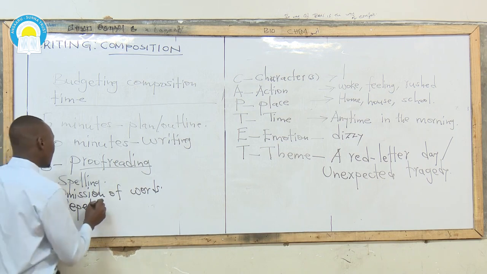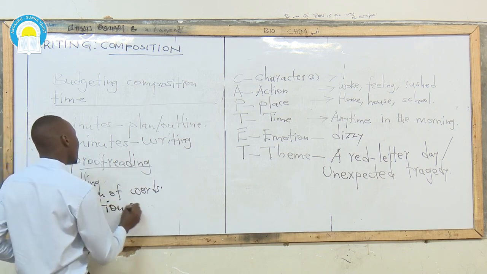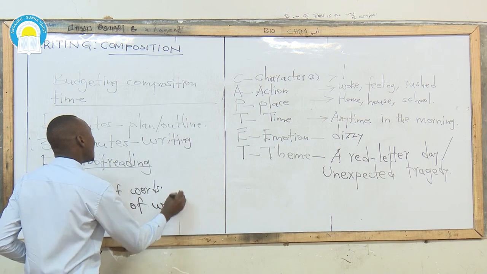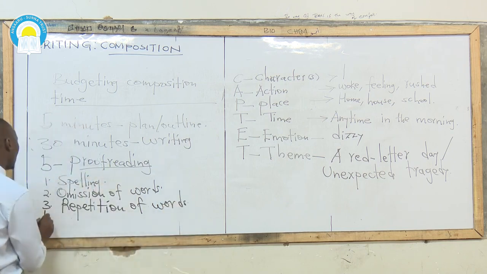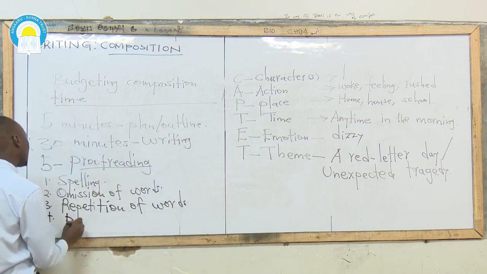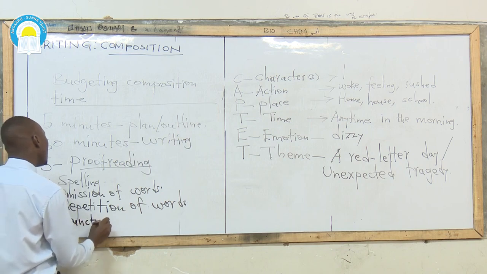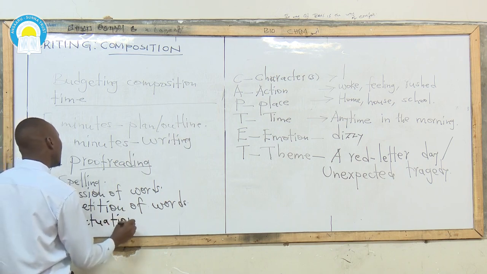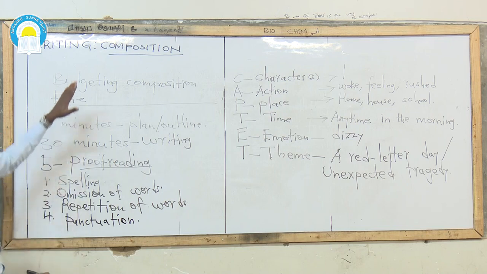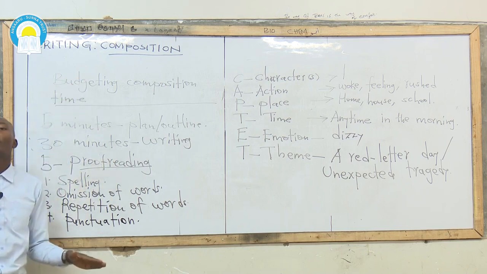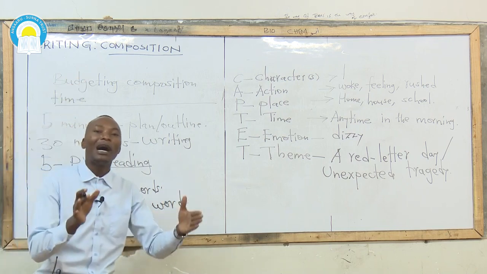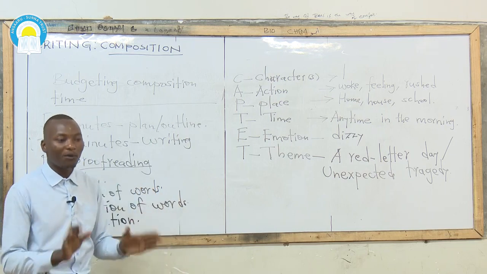Then finally, it is important to proofread so that you can also check on some punctuation. Maybe you thought you placed a comma or a full stop, but actually you didn't. So when you budget your time properly, you will find out that you have managed your time properly.